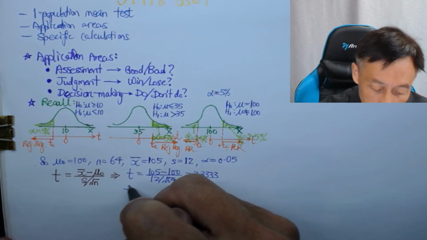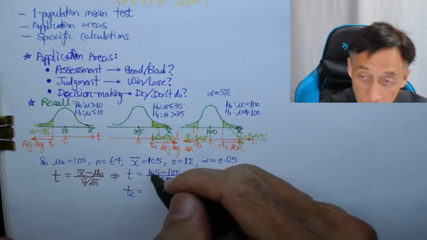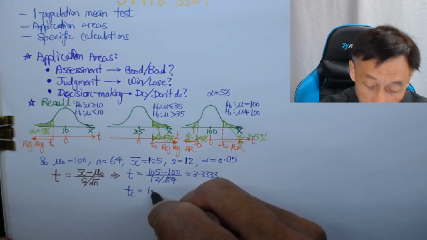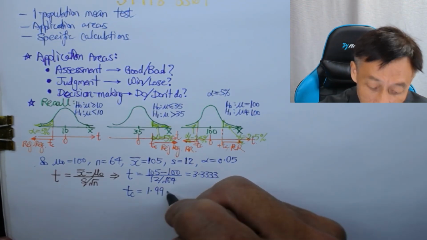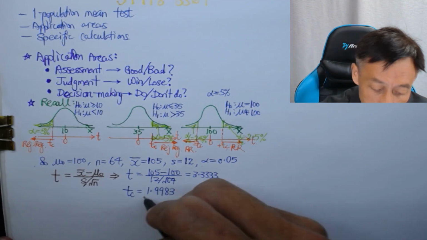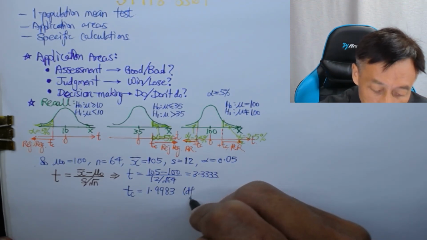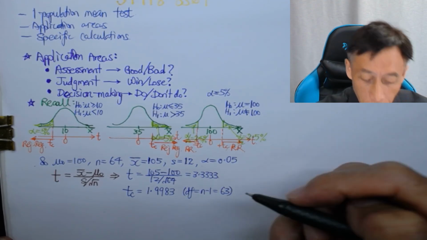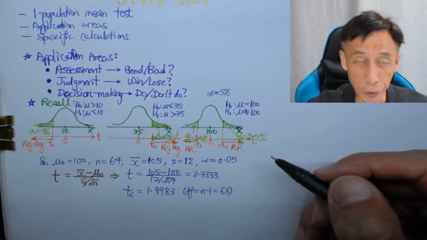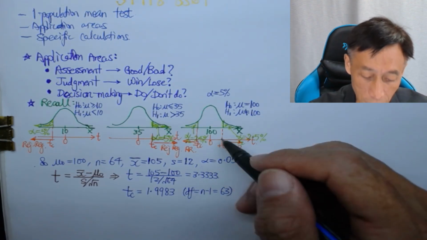If you get what I get, it should be 1.9983. Of course, there's a degree of freedom here. It is n minus 1, it is 63. So you need to feed in the degree of freedom for t in order to get the boundary.